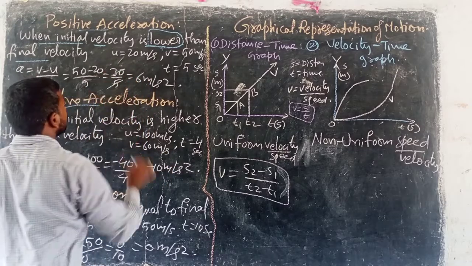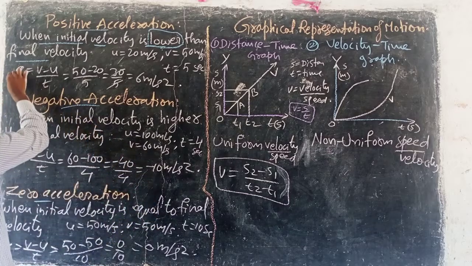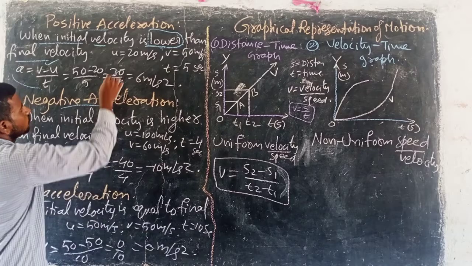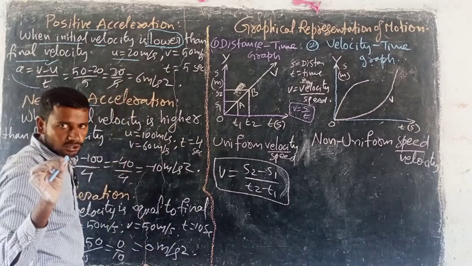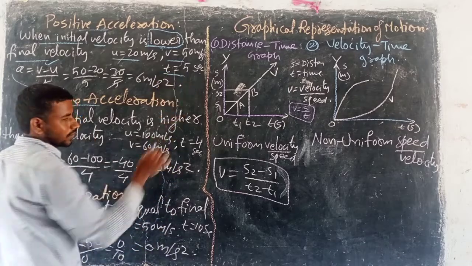Now how can we understand this with the acceleration formula? a is equal to v minus u by t. Generally I take u is equal to 20 meter per second, v is equal to 50 meter per second, t is equal to 5 seconds.